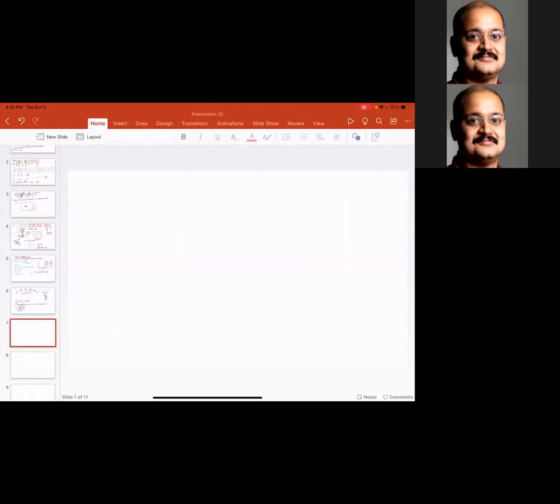If your A matrix is square, then you are going to have lambda of t and x of t.